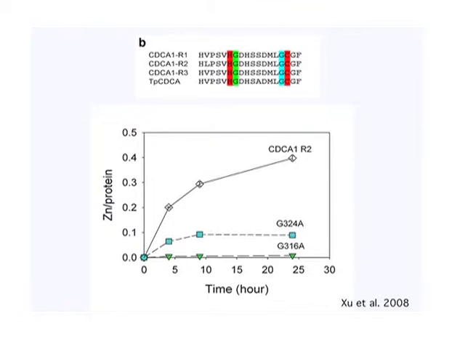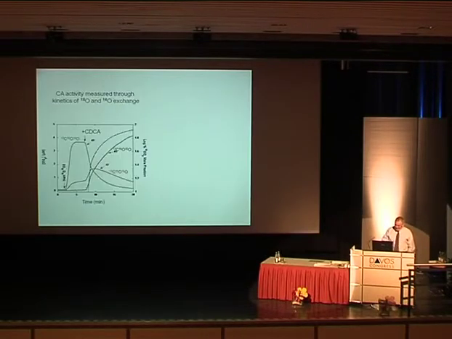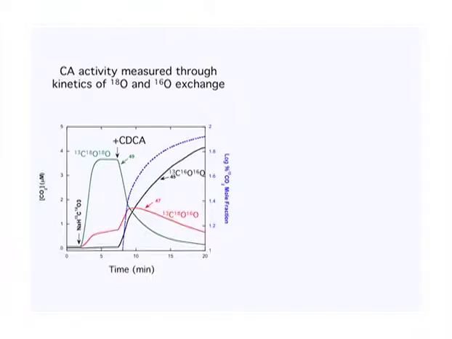And if you mutate them, of course, you can't exchange the metals anymore. And so you can prove directly that this particular glycine hinge is essential for metal exchange. And so we have here an enzyme which has been really made for exchanging metals, which I find interesting.